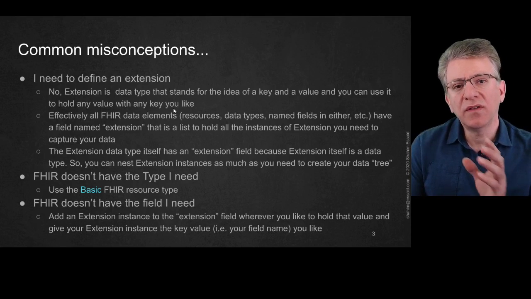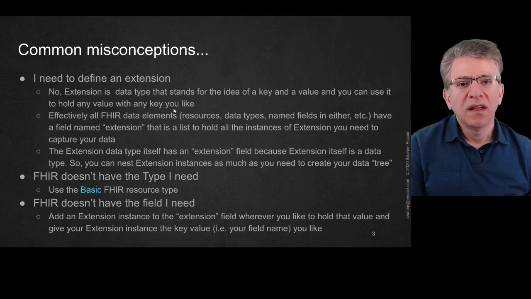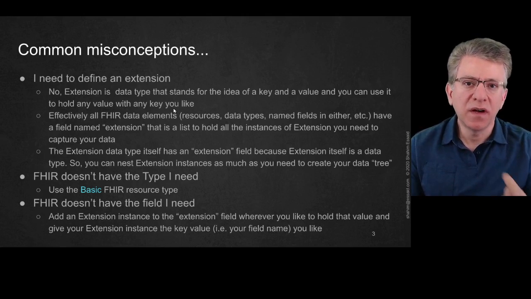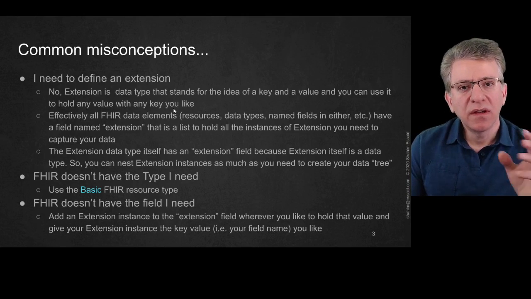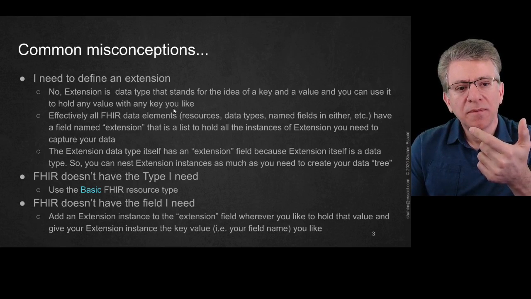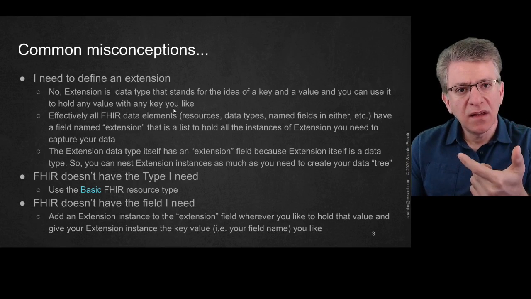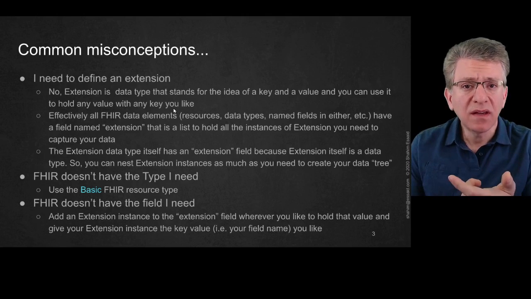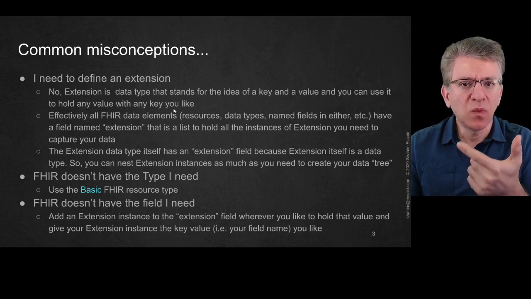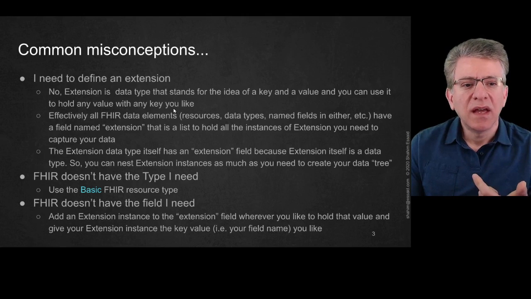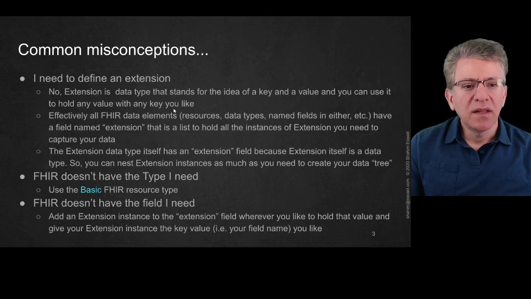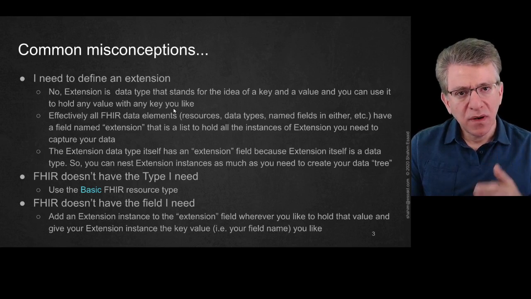And of course, the other system that's reading your data has to understand that it needs to look for the specific URL, which is the key, to find the value. That's where the agreement on the key is important, and that's where defining the extension is useful, because it documents what the key is, and it allows tools then to look for that specific key. But that's for interoperability.